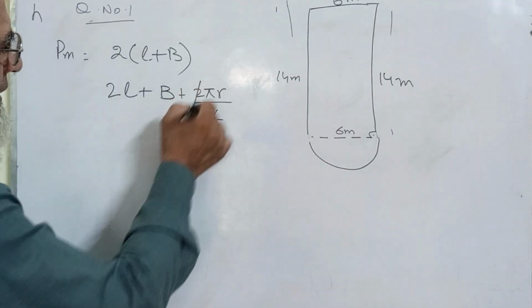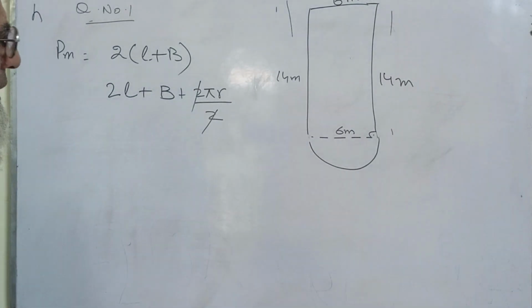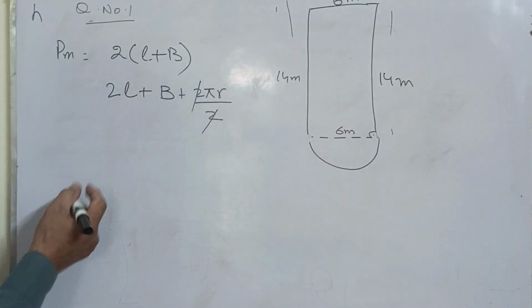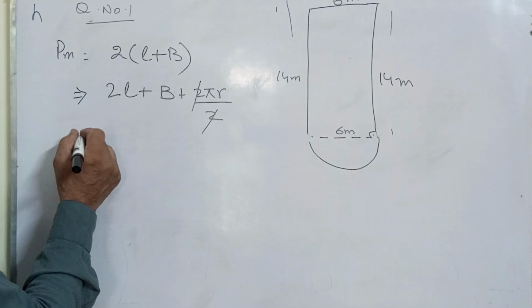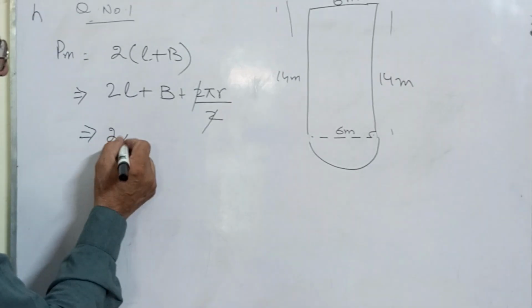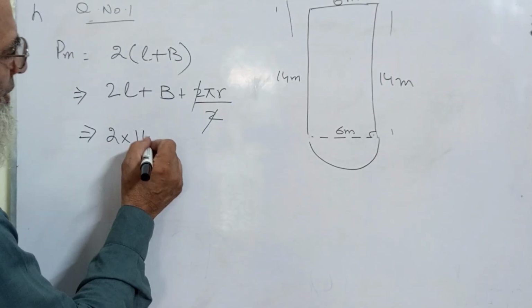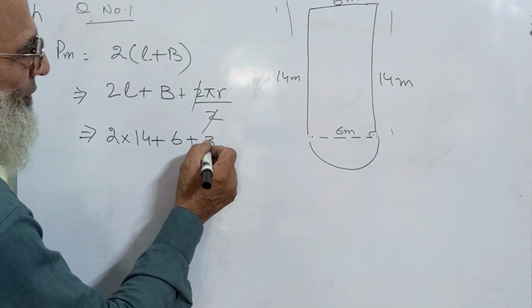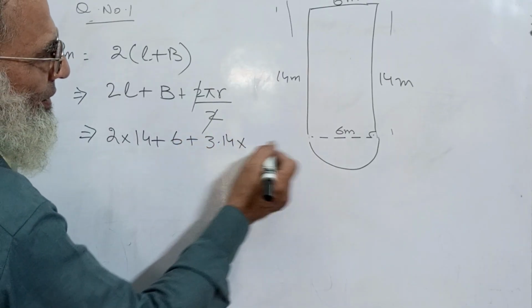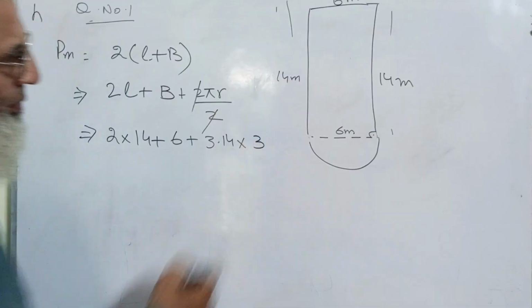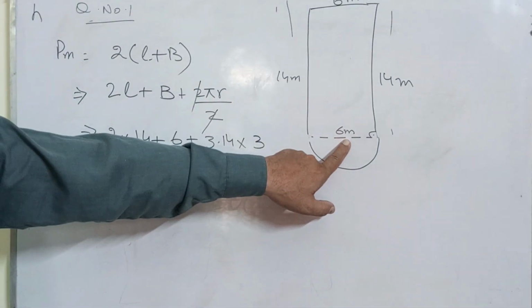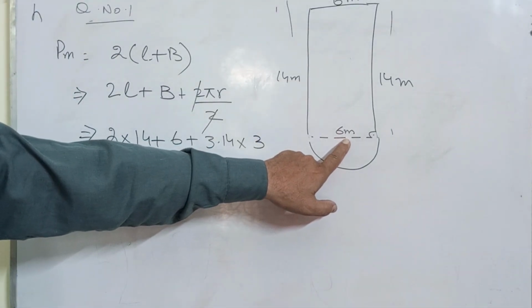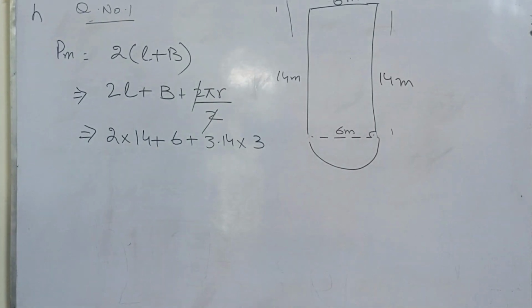So this will be cut from here. So it is very simple now. It will become 2 into L is 14 plus B is 6, plus pi is 3.14 and radius is 3. Radius, I told you, is 3. This is diameter, so half of the diameter is 3.